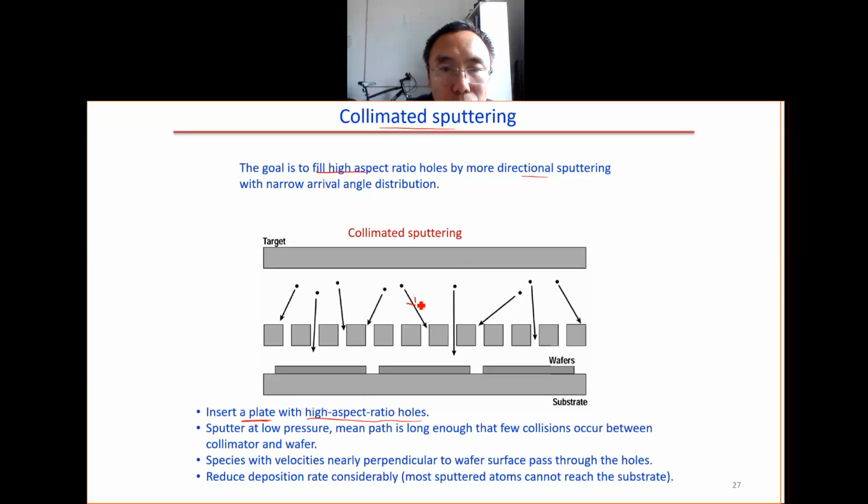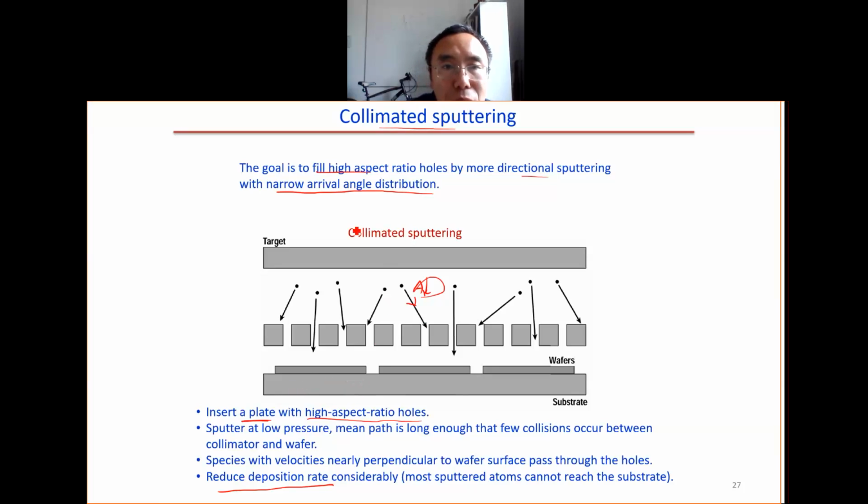Then most of the atoms, like aluminum or gold, will be trapped by this plate, and only those that go pretty parallel with the holes can come to the wafer. This way we have a narrow arrival angle distribution. But the problem is that this reduces the deposition rate considerably, because most of the atoms get trapped by this plate.